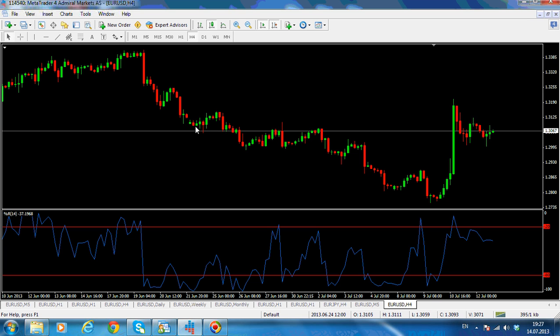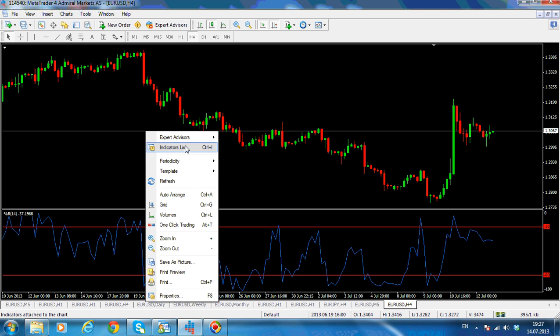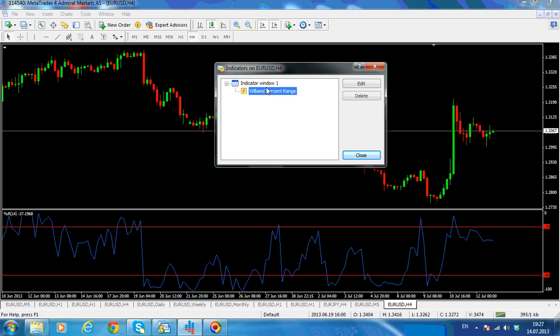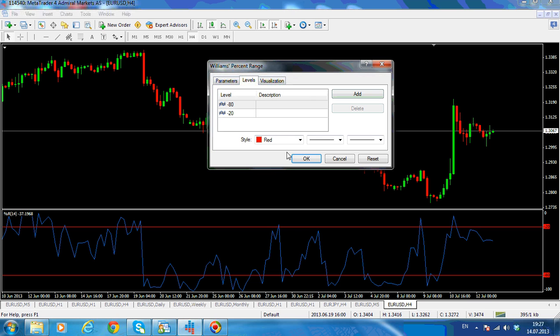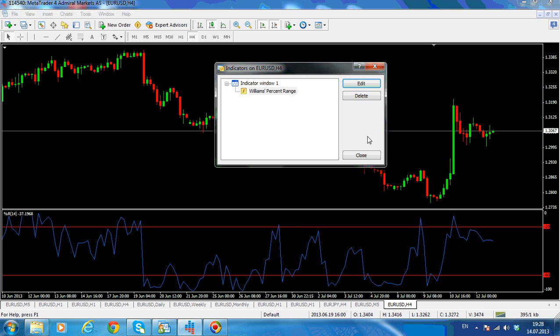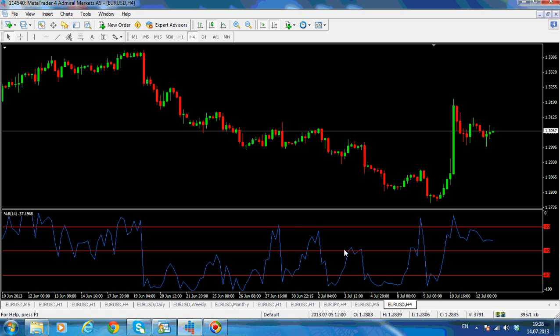What I would also add here is a 50% level. So let's right click here, look at the indicators list, take the Williams Percent Range, edit it, and add the level. Let's add minus 50. So there you go, you have another level here, the minus 50.